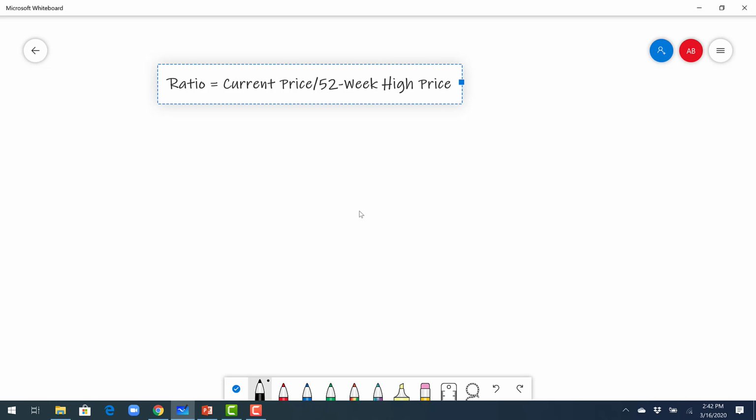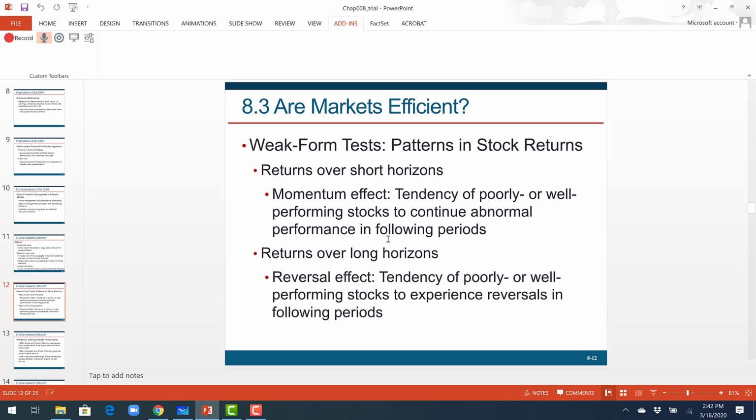And again, when we say superior performance of these strategies, we are referring to risk adjusted performance, meaning that risk using beta or other metrics has been accounted for. Now, this is over horizons of up to 1 year, so relatively short horizons.